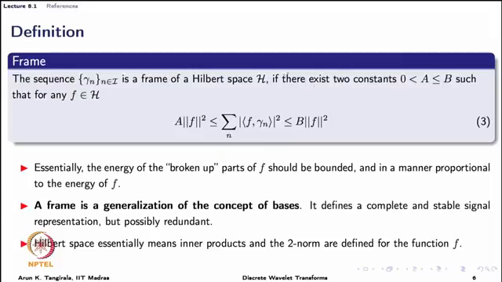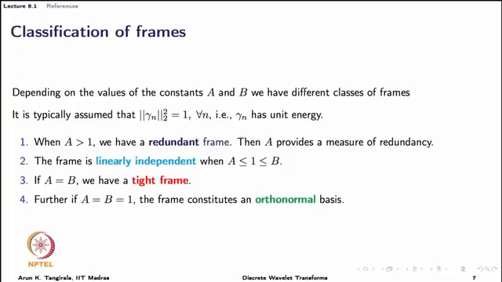If you go back to this inequality here, obviously it means that the energy of the components put together is greater than the energy of the signal itself. A is greater than 1, B could be anything, but A is a lower bound. So, which means I have more components than necessary, right. So, that is why the term redundancy comes in.